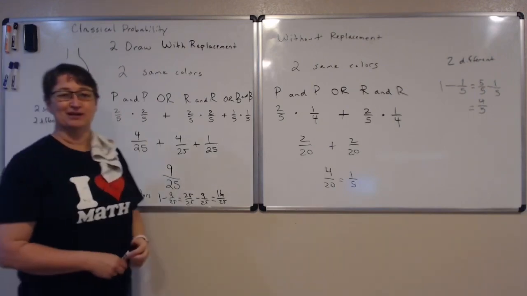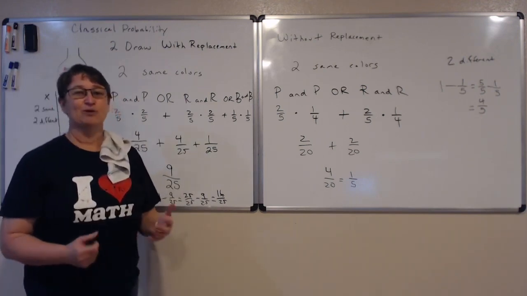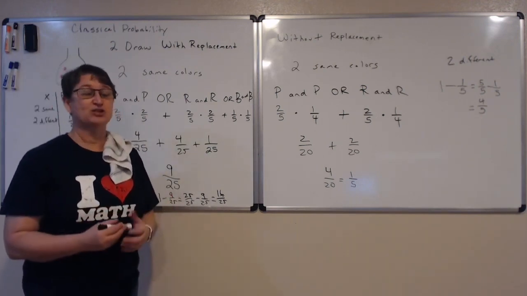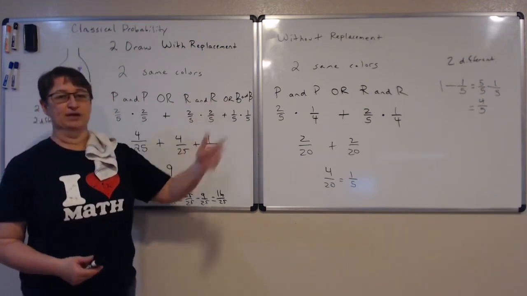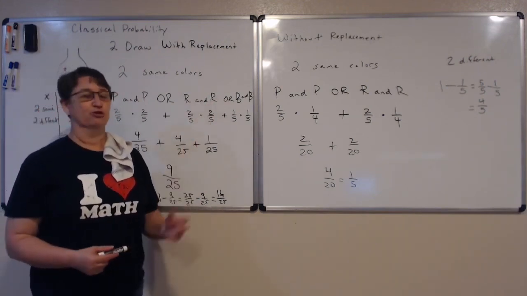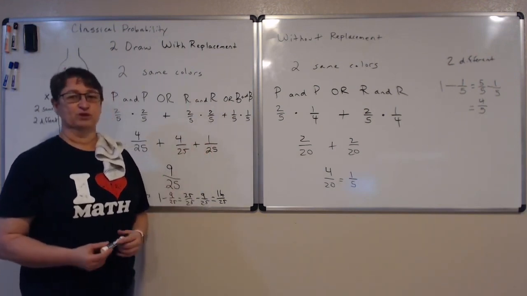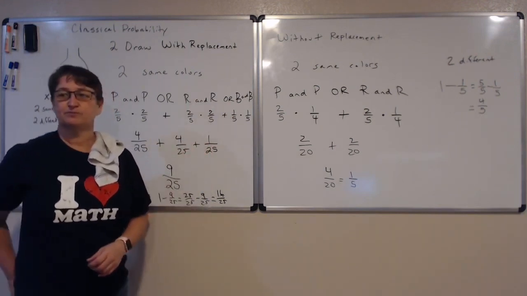Man, there's going to be a lot of different combinations, and I don't want to have to figure out all those combinations. Sometimes we just have to, but if you can use the complement, that'll really be helpful. So look for those complements within those problems.